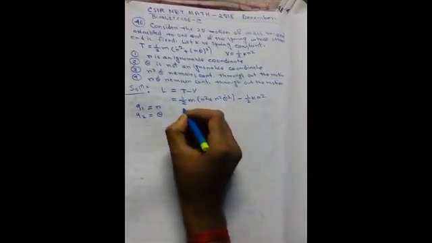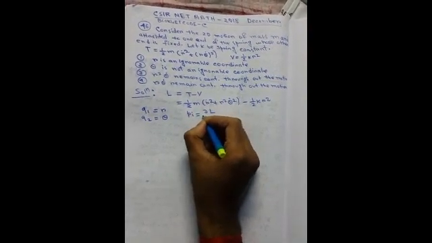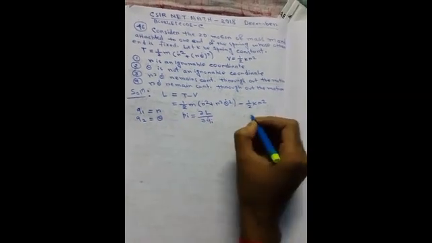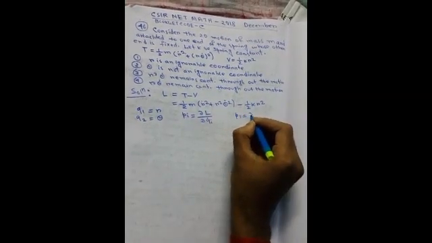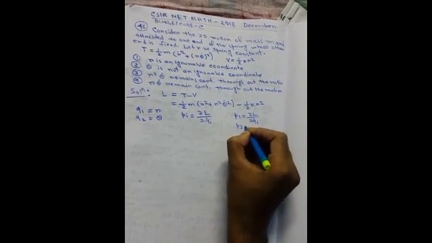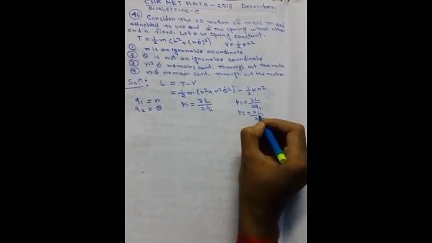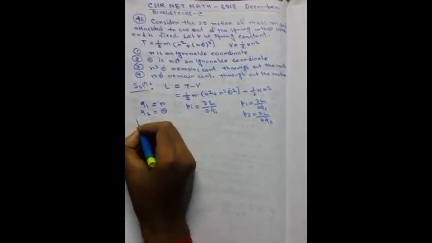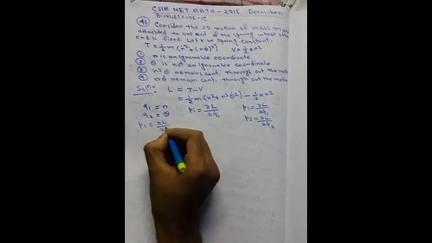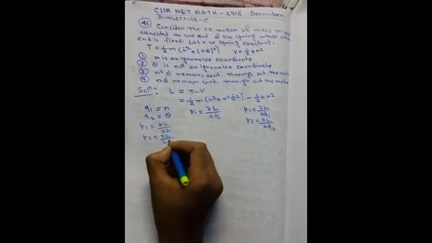Now we know that p_i equals del L by del q_i dot. So p1 equals del L by del q1 dot and p2 equals del L by del q2 dot. So p1 equals del L by del r dot and p2 equals del L by del theta dot.